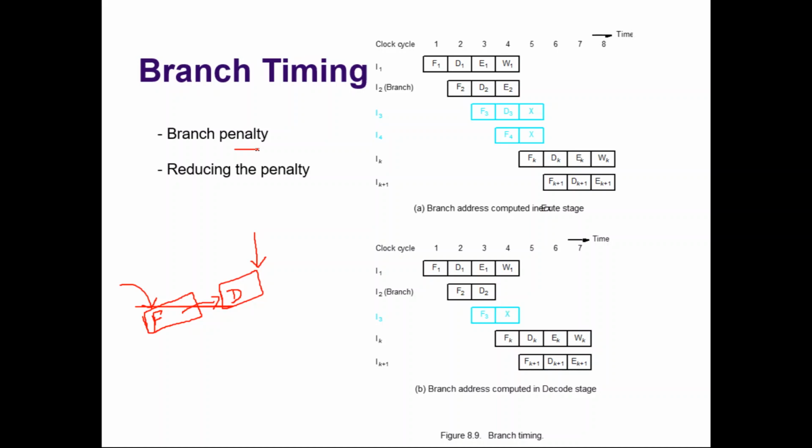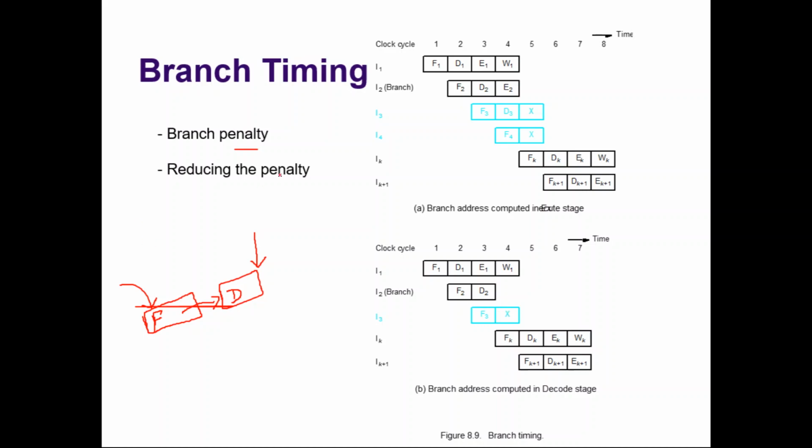Along with fetching the operand, it will also identify the branch target address immediately. So by the end of decode, the processor will know the branch target address if it is a branch instruction. Now we need not wait for the execution to be done to identify the branch target address, or to identify whether something is a branch instruction or not.